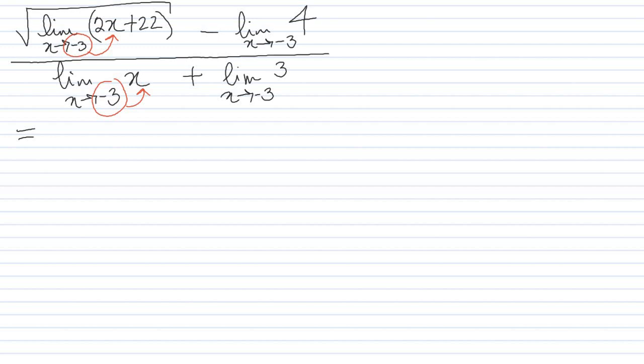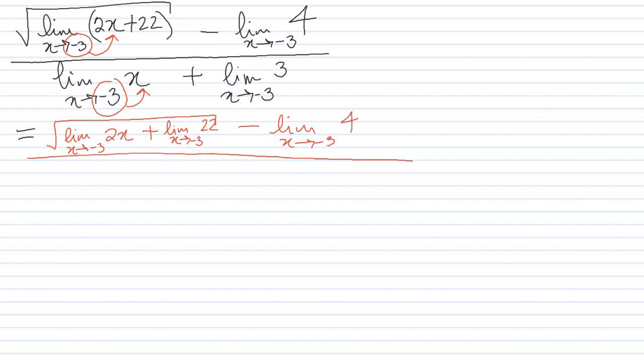So you have the square root, of course, of the limit as x goes to negative 3 of 2x, because we still have to expand, plus the limit as x goes to negative 3 of 22, minus the limit as x goes to negative 3 of 4, and here we have the limit as x goes to negative 3 of x plus the limit as x goes to negative 3 of 3.